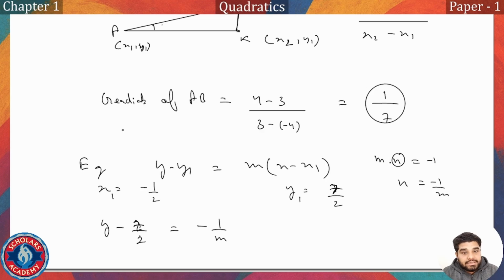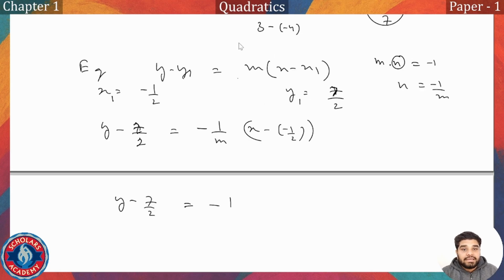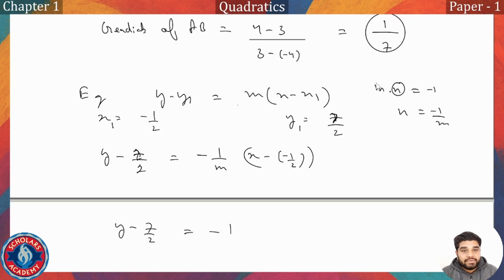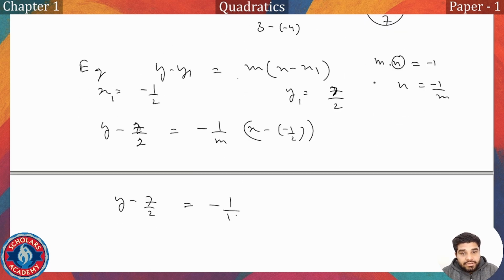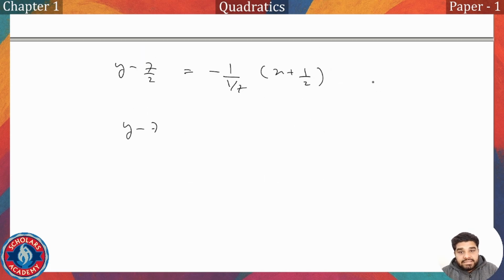So I'll substitute it and we'll find the equation. That is y minus 7 by 2 is equal to negative 1 over, now the gradient value was 1 over 7, so that means negative 7 times x minus minus 1 by 2, so minus minus plus. So it becomes y minus 7 by 2 is equal to negative 7x minus 7 by 2.